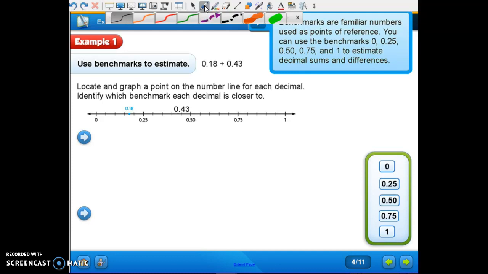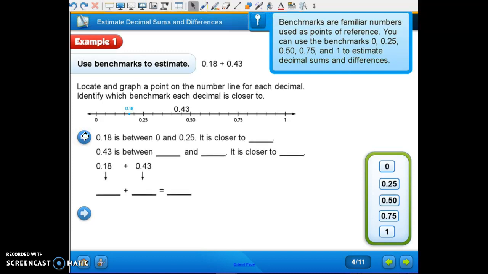18 hundredths is between 0 and 25 hundredths. Just looking here, what can you tell about 18 hundredths?